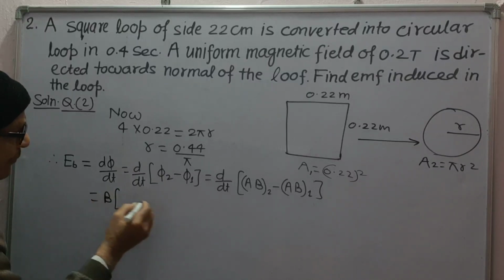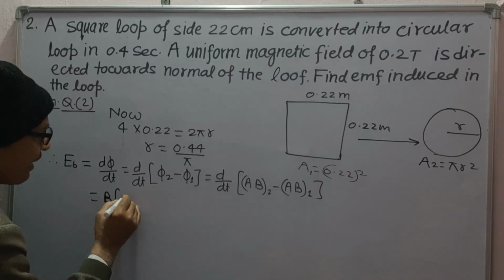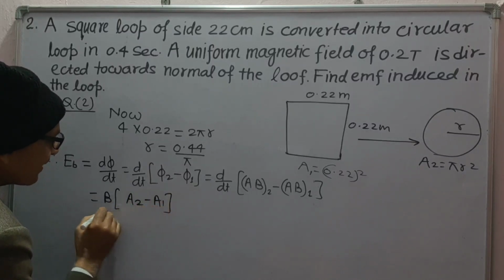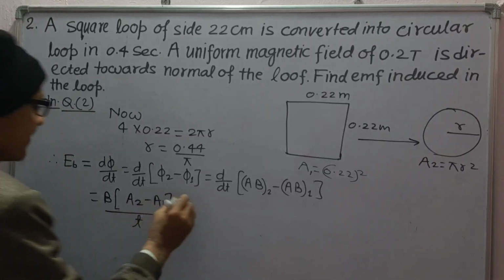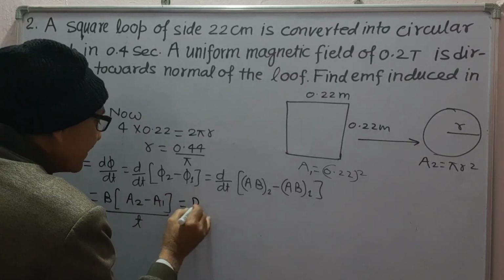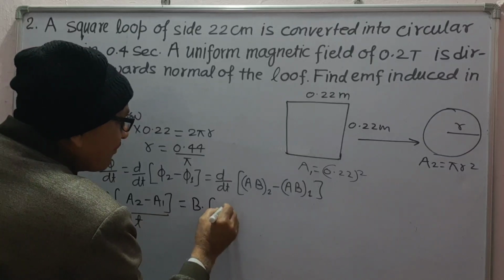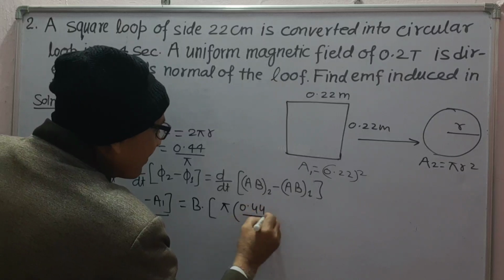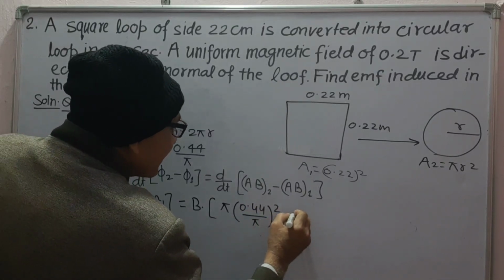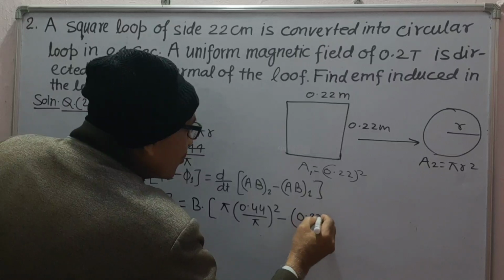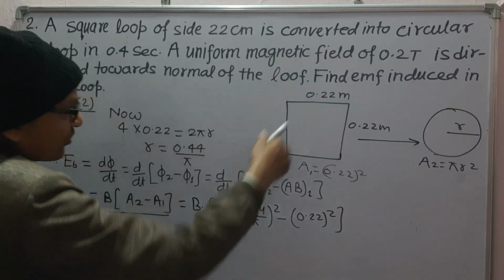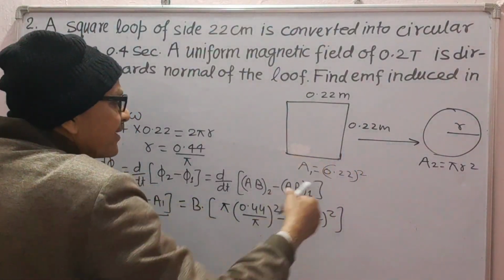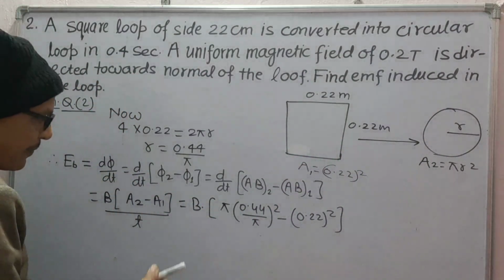B into A2 minus A1 upon time T. This is equal to B into A2, which is pi r square, r is 0.44 upon pi, r square minus 0.22 square. Sorry, area of this is 0.22 square.